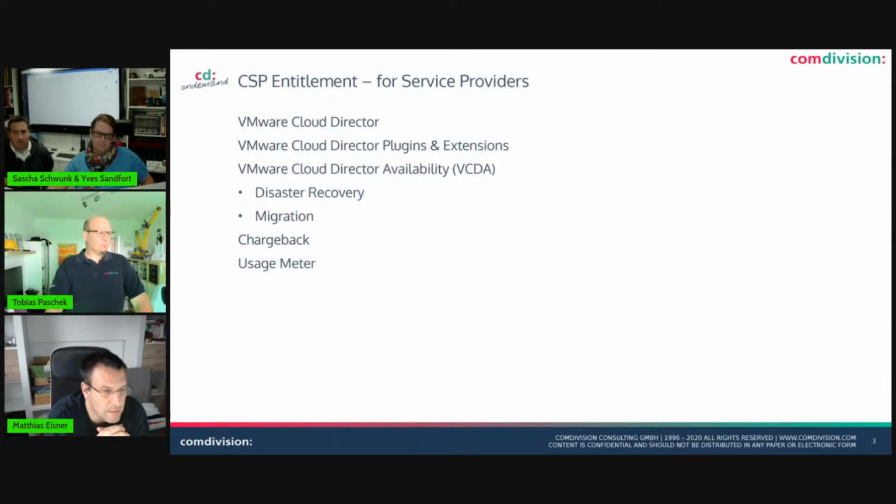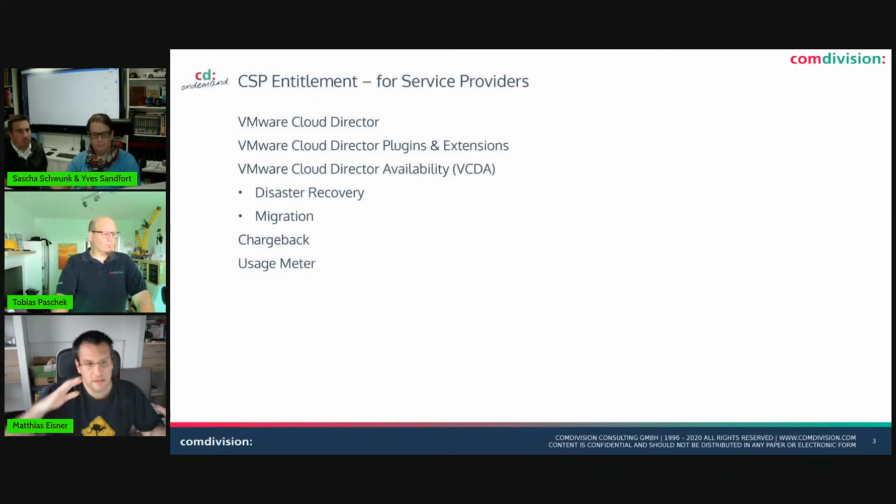Previously only migration was part of the license or kind of free of charge, and disaster recovery had to be paid extra. Now it's part of the bundle, and we have chargeback and usage meter. So these are the products from the CSP entitlement. I think we are all familiar with those products.